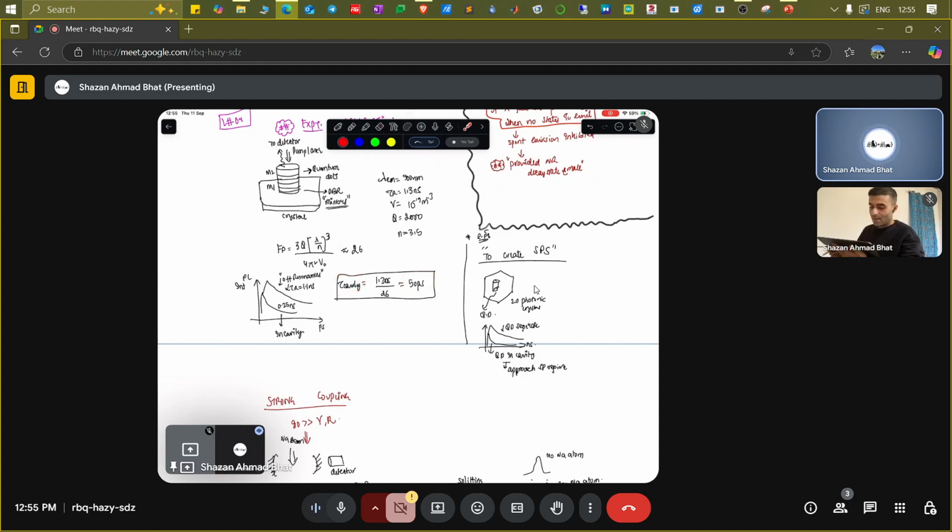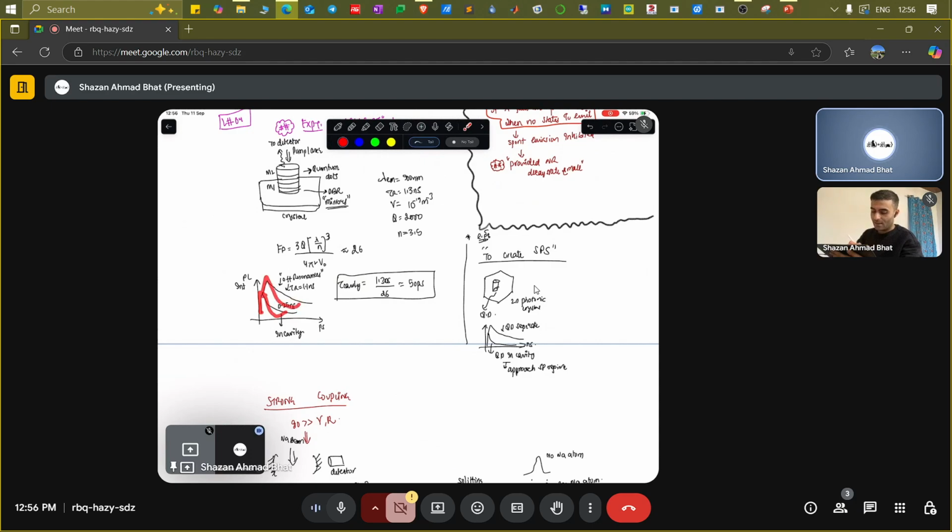What does it mean? If you have a quantum dot in free space compared to a quantum dot in a cavity, it is going to decay faster in the cavity than in free space. You see the tau r is 1.1 nanoseconds here, but it gets changed when you place that atom inside the cavity. It gets reduced to 0.25 nanoseconds.